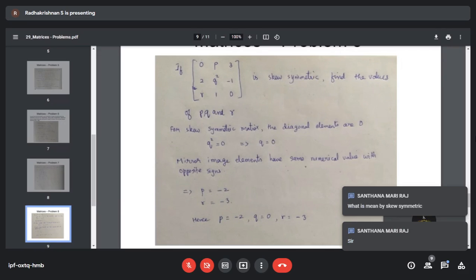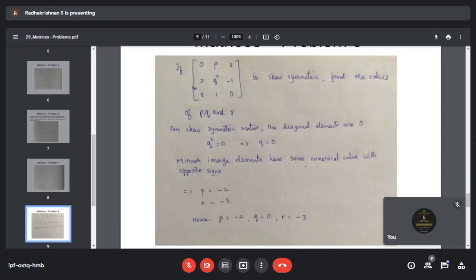Mirror image elements have the same numerical value with opposite signs. That's skew symmetric. Symmetric means mirror image elements will have the same value. So in symmetric, the diagonal need not be 0. The diagonal can be anything. But mirror image elements are equal in a symmetric matrix.